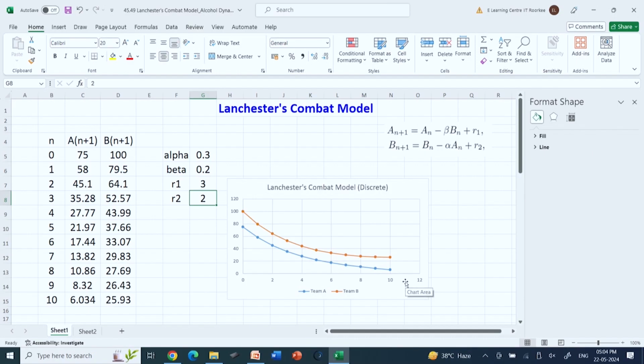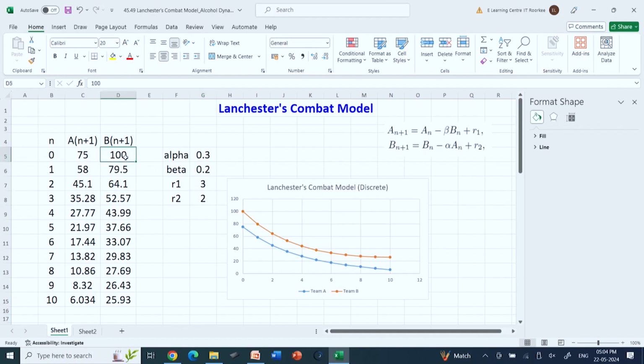So, the rate at which team B is killing team A is much faster, even though their actual fighting effectiveness is low. Now, you can change the values and you can see what happens for other cases also.